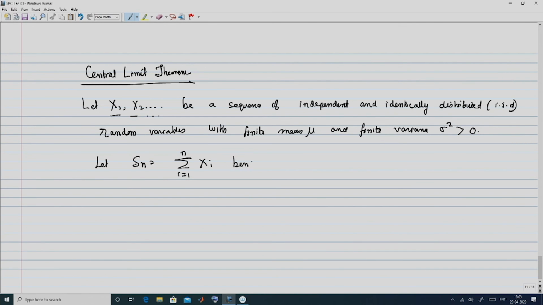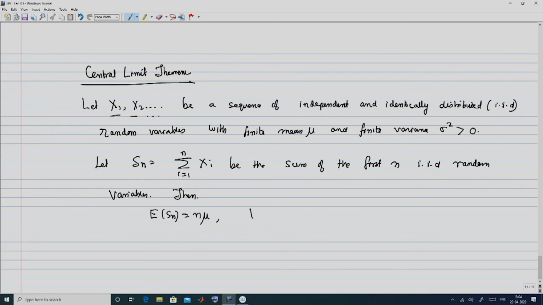So, Sn is the sum of xi, i equal to 1 to n. Let this be the sum of the first n IID random variables. Then obviously E of Sn is going to be n mu, using the additive property of expectation, and using the property of variance of a sum of independent random variables, we get variance of Sn is n sigma square.